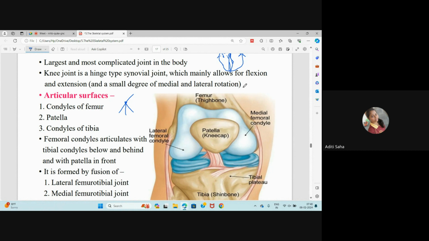We cannot move our lower leg totally, because a very little range of motion is possible medially and laterally from the knee joint. If you want to check that, fix your hip joint, then try to move your knee without any support. Then you will understand how much range of motion there is in the knee joint to perform medial and lateral rotation.